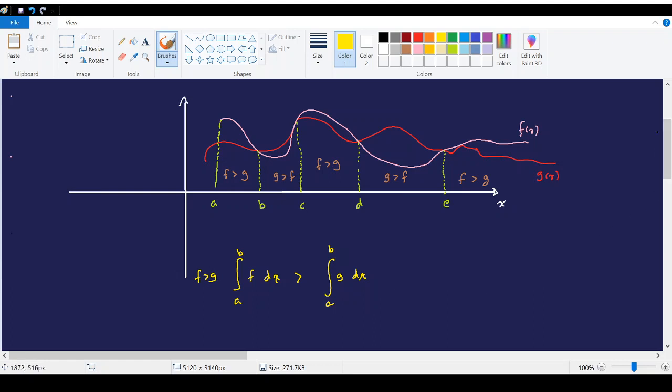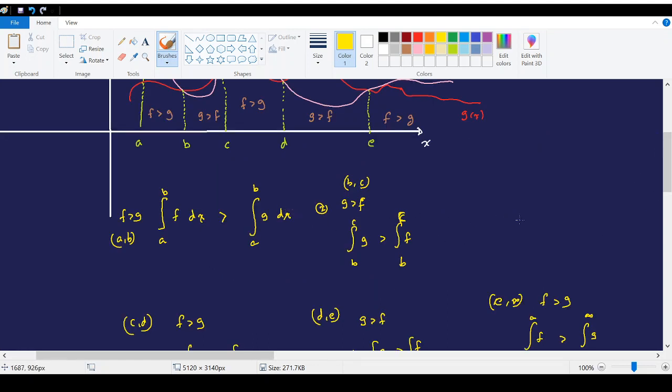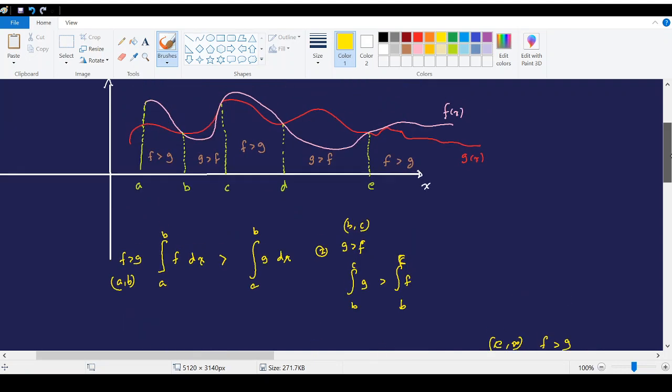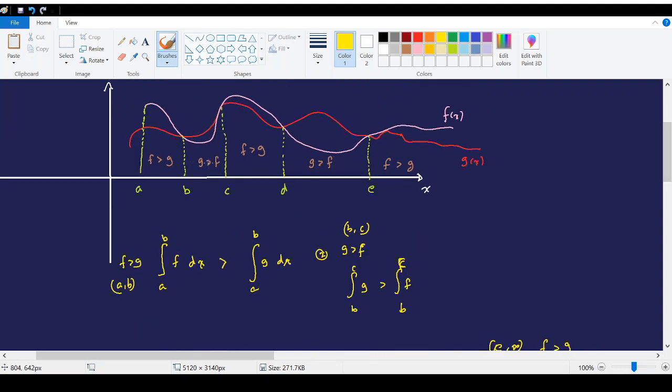Similarly we can see at each of these regions, depending on the comparison between g and f, the values of the integrals can also be compared, right? Say for example, in between b and c, g is greater than f, so the integral of g is greater than the integral of f.